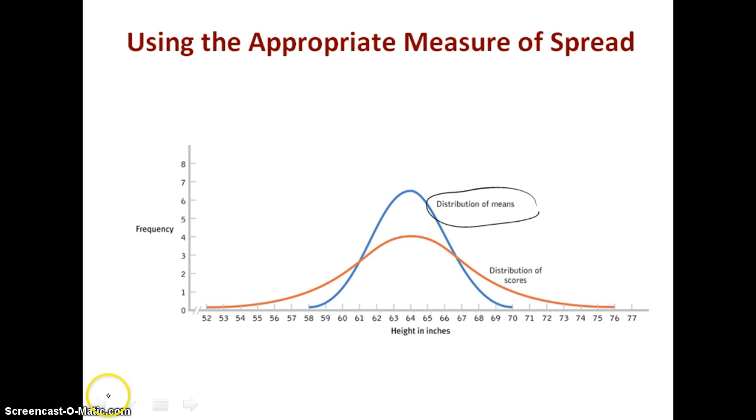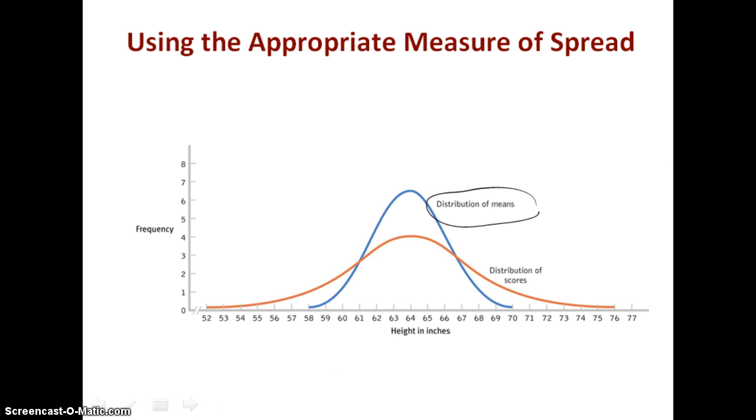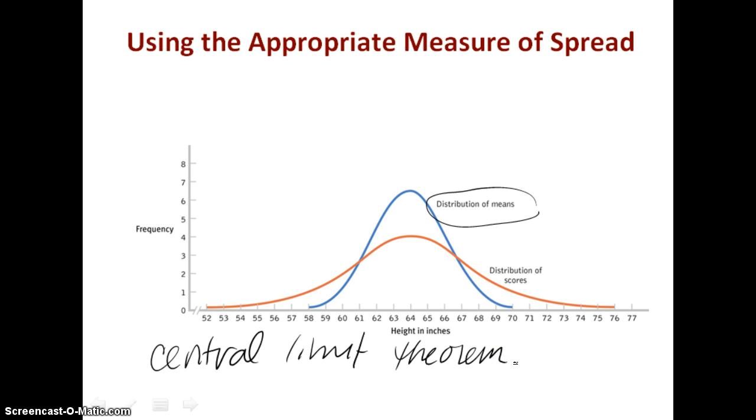For part D, why would we still be able to use the normal curve percentages for the Z distribution, even though the underlying data are likely not normally distributed? It's because of the central limit theorem, which says that even if the underlying distribution of scores is skewed, the distribution of means will still be normal.